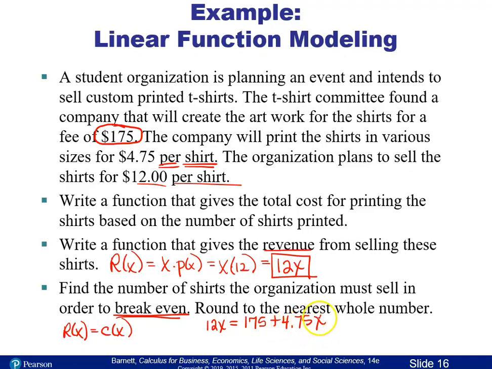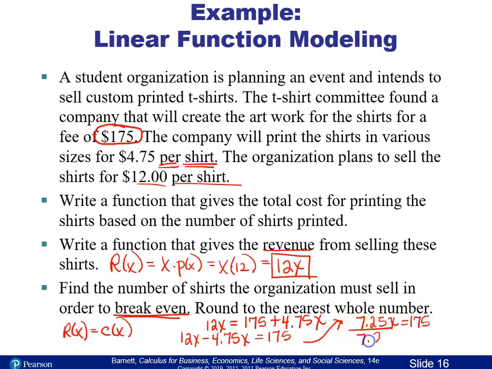So we just need to combine the x's together. We'll have 12x minus 4.75x is equal to 175. That's going to give me 7.25x is equal to 175.